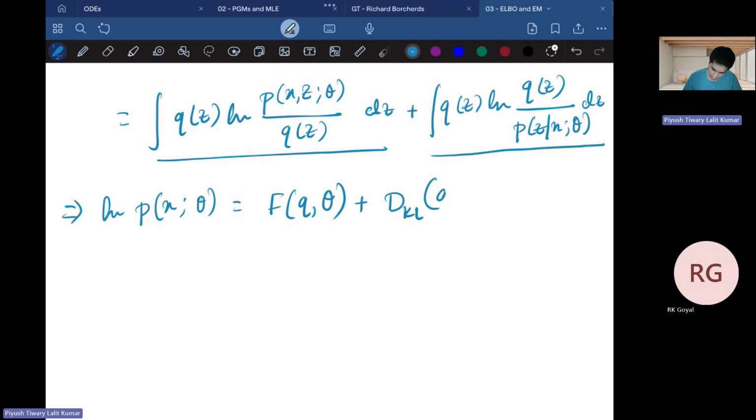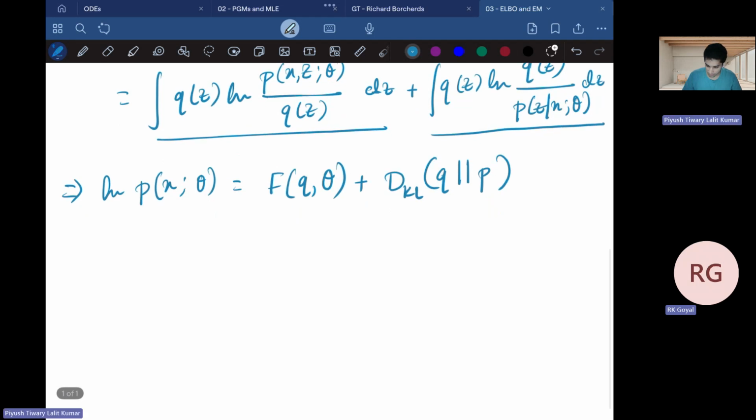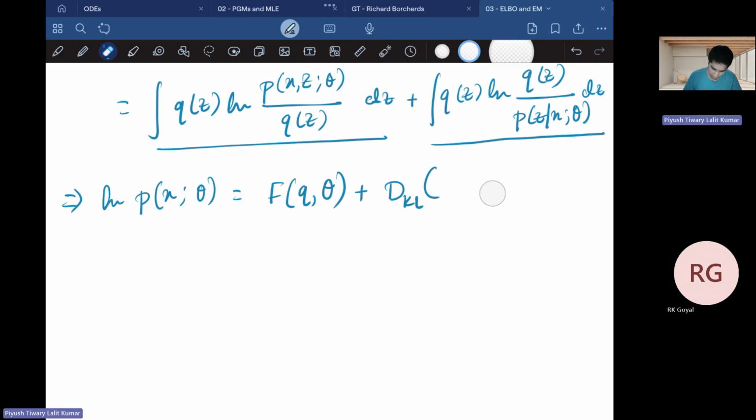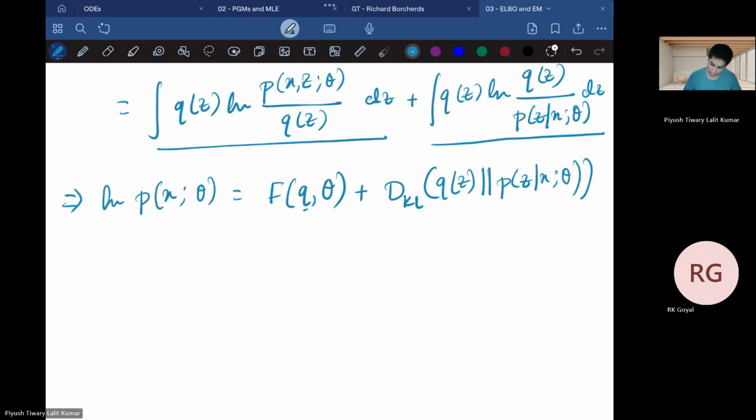So this is between Q and P. In case of Q it is Z, and in case of P it is Z given X. So that is implied. Maybe I will write it down. I just want to reduce the clutter because I just use Q here. So this is actually P of Z given X theta. No issues, right? So these are the two terms.